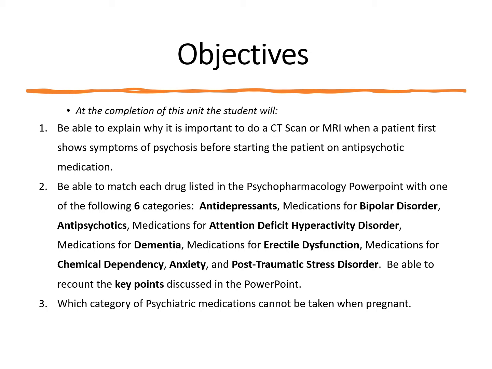Number two, like I mentioned in the previous slide, we're going to go through the PowerPoints with all the different categories that you need to learn, and you're going to learn the medications, the brand name, the generic name, and then some key facts about those medications. And then number three, there are some medications you cannot take when you're pregnant.